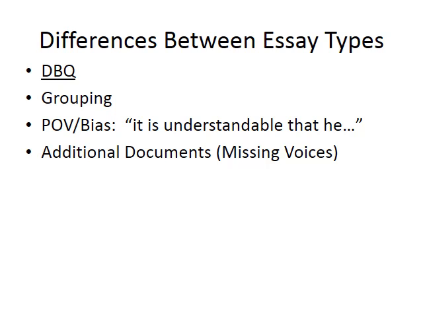And then last, there's the additional document. We'll just call it that. Sometimes it's called the missing voice, but what's not in this collection of documents that would complete the analysis? And you want to talk about it in terms of a group of people or a type of person.